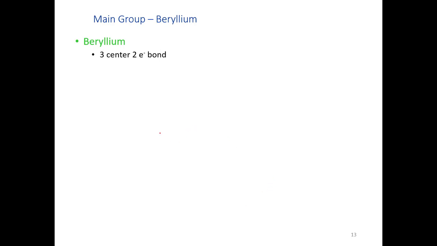So if you think of this 3-center 2-electron bond, where you have beryllium, a hydride, and beryllium, you have your 2 electrons being supplied by the s orbital of your hydride, and then you have overlap, like so, and the electrons from the hydride occupy all 3 of these orbitals, one from this beryllium and one from this beryllium.